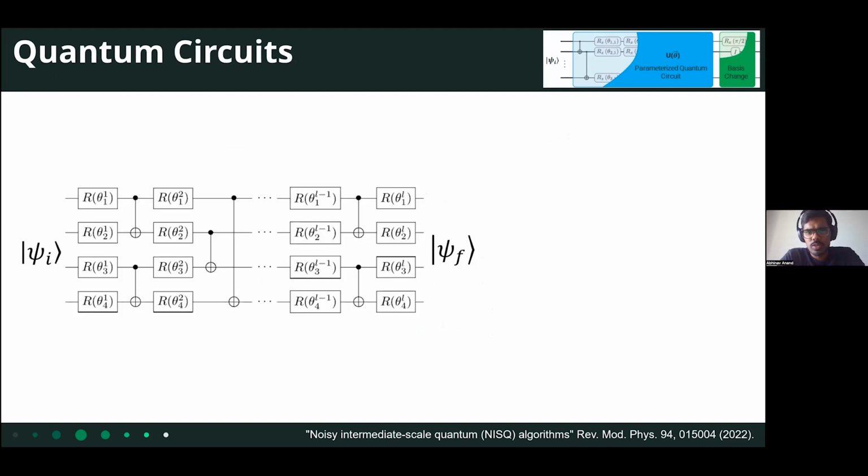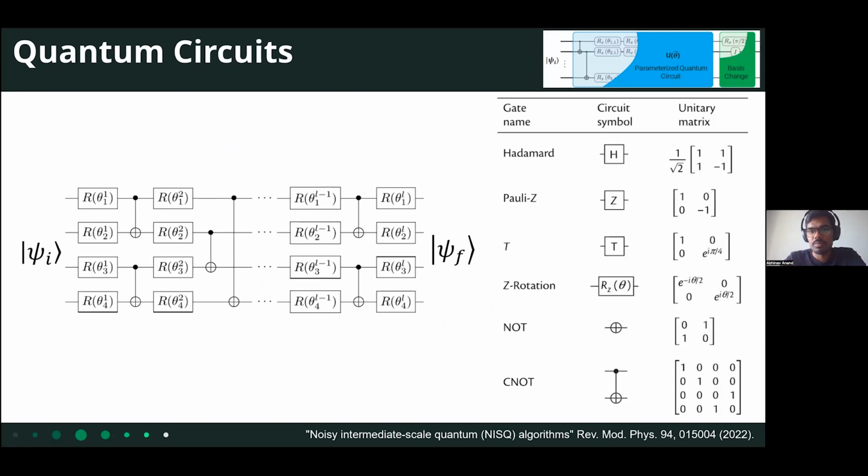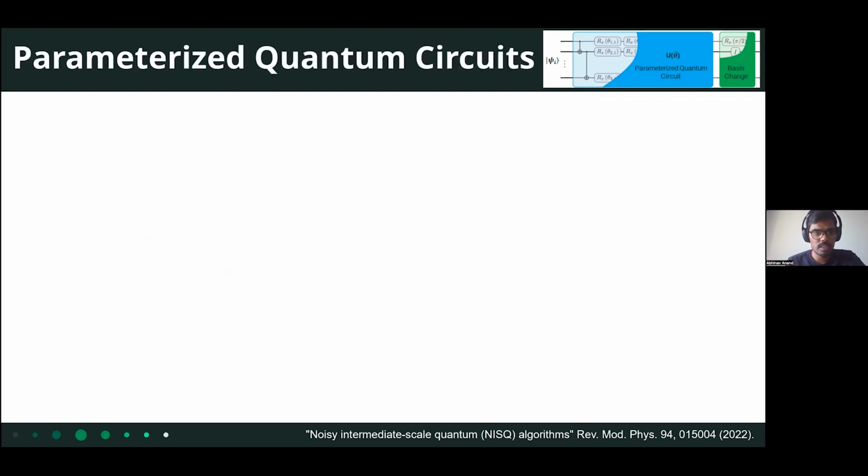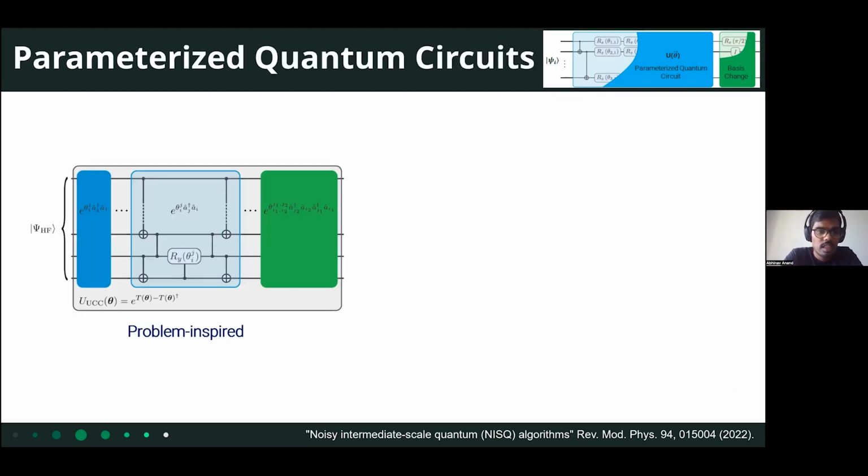So usually you would see pictures like this, where you want to prepare some guess states, and these are some common gates that I've shown here, which people use to construct these circuits. There are different ways to construct these circuits, but they can be broadly categorized into two ways. One is called the problem inspired ansatz, which is a type of circuit that you construct based on the problem at hand.